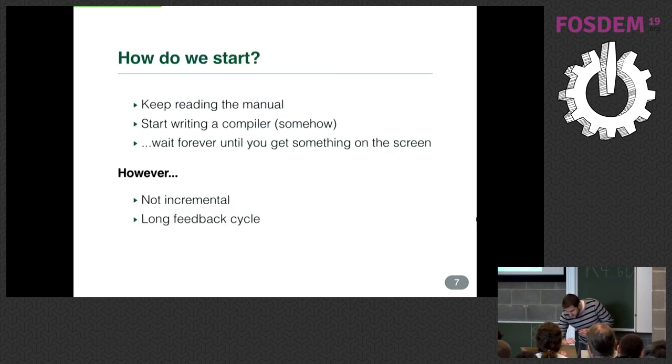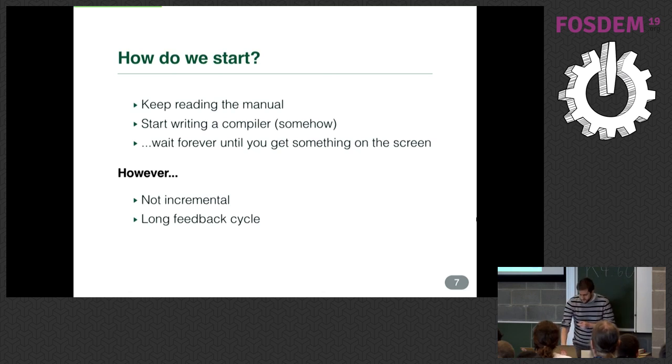Okay, so how do we start that? We read the manual, but as I said, it's not easy to write the compiler from scratch. The feedback is going to be pretty long. It's not incremental. And we will probably need some debuggers or existing tooling to assist with this.